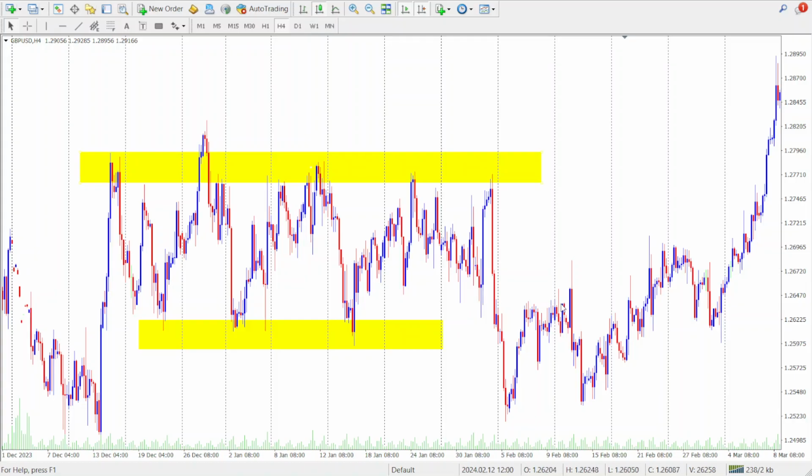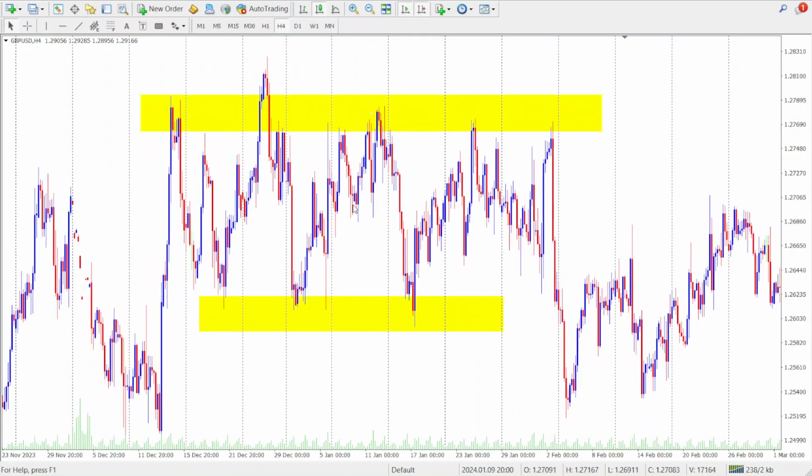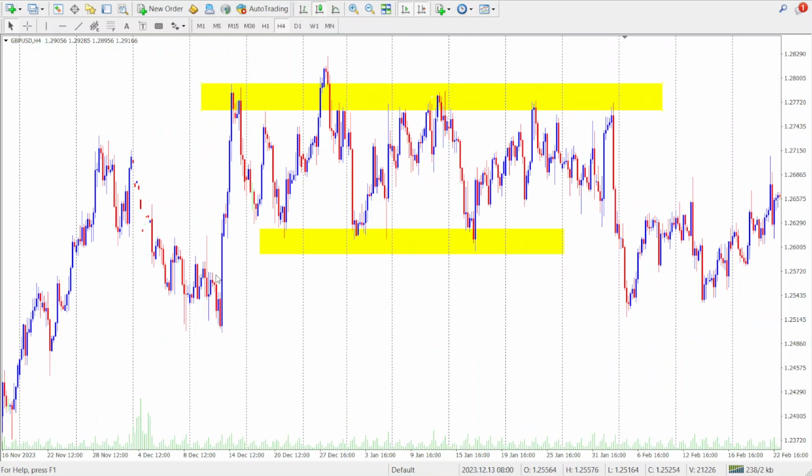Supply zones usually occur when a strong rally is followed by a sharp drop in price. As for a demand zone, you will notice a sharp drop in price followed by a quick reversal to the upside.